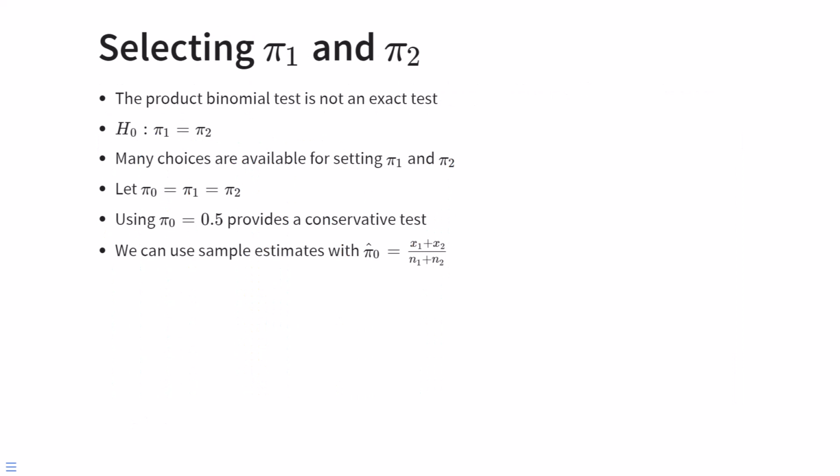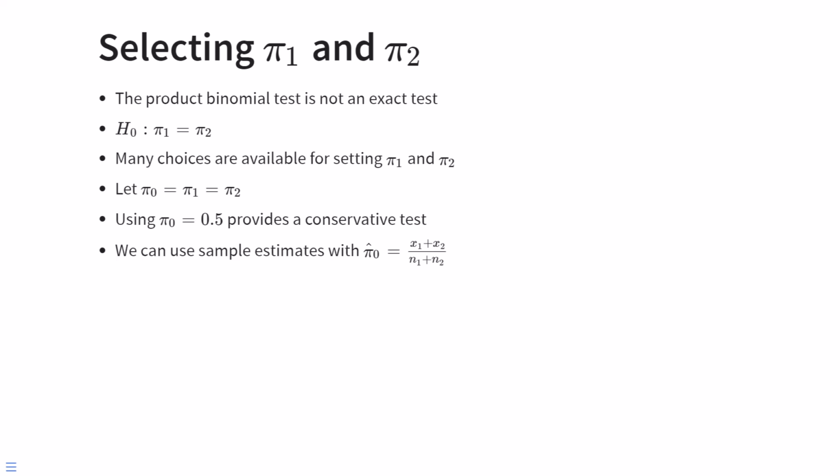Now let's come to talking about me setting 0.5. We have to think about selecting pi 1 and pi 2 because the product binomial is about pi 1 equaling pi 2. And what I'm about to tell you now means that the product binomial test is not an exact test. Most of the tests that we've looked at in this video series on non-parametric methods are exact, but the product binomial test is not an exact test.